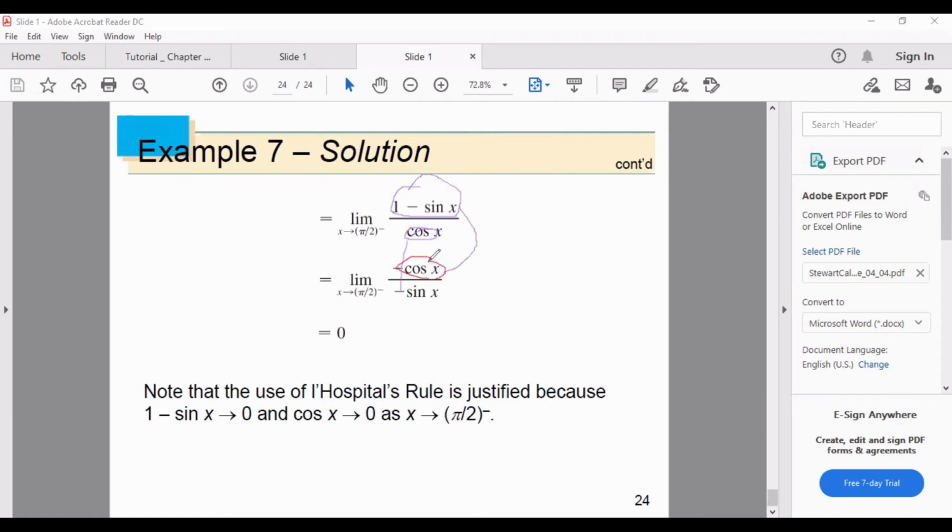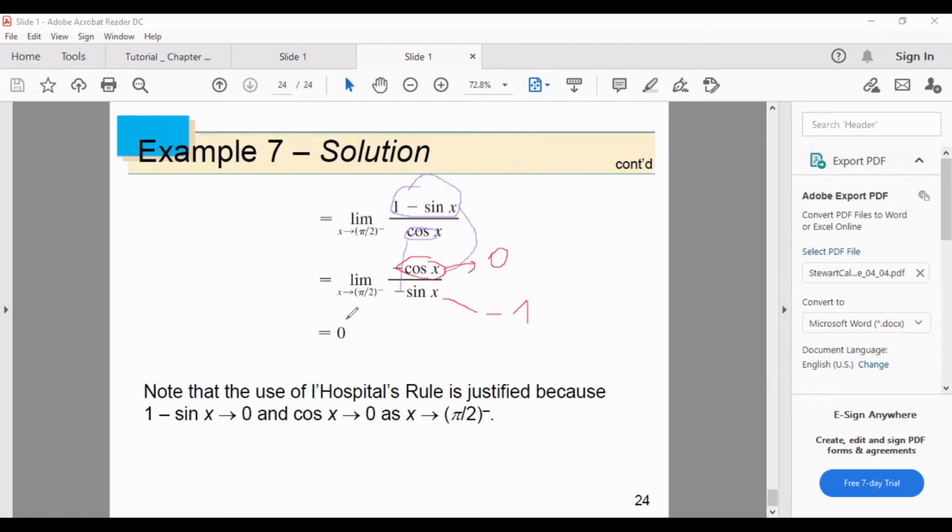The numerator goes to 0 because cosine pi over 2 is equal to 0. However, the denominator goes to minus 1. Then 0 divided by minus 1 is not an indeterminate form.